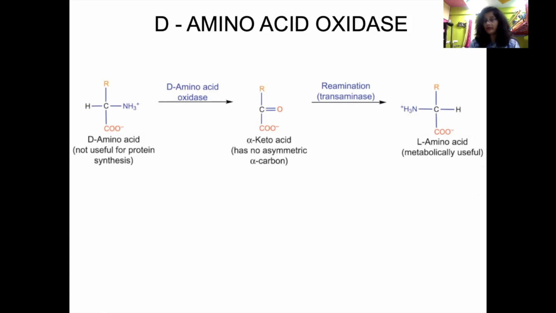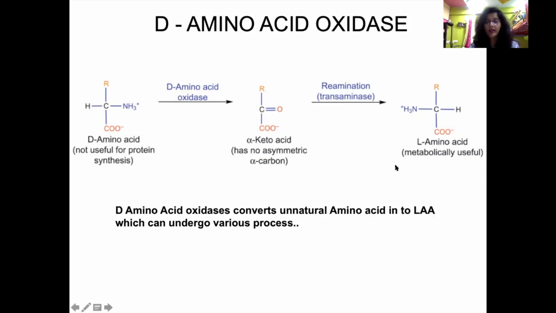It can undergo gluconeogenesis, it can give you energy, or it can even go through the formation of fat. So the significance of D-amino acid oxidase is that it converts unnatural amino acid into L-amino acid, which can undergo various processes.